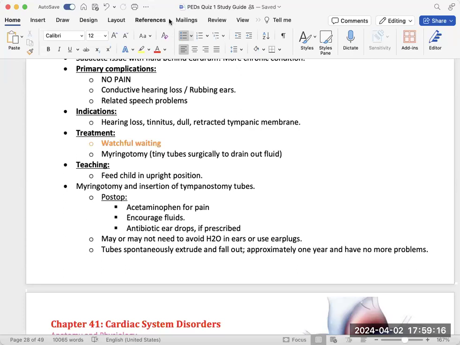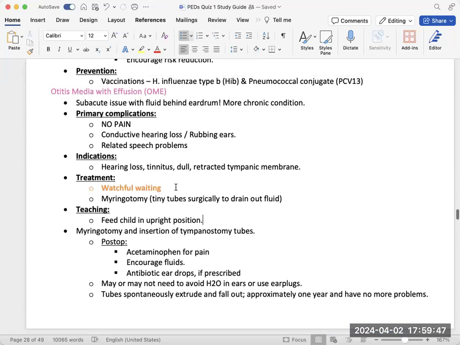Now, depending on the doctor and what they say, they may or may not need to avoid water or use earplugs. It depends. And the tubes that they put in to help remove the fluid could extrude and fall out, usually after a year, it could happen. And they'll have no more problems. That's normal. The tubes can fall out, but they put these little tubes in there to help drain the fluid out. And yeah, so that's pretty much all I have to say with that.